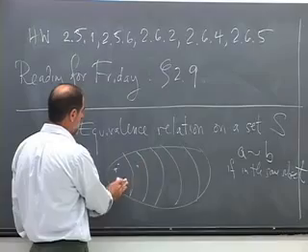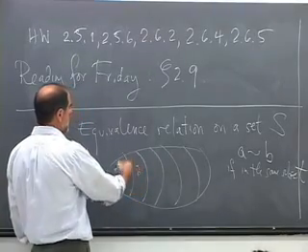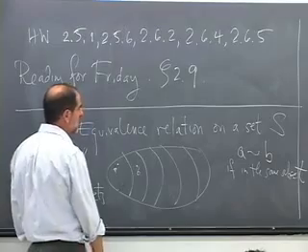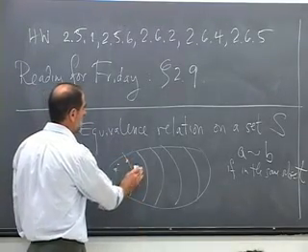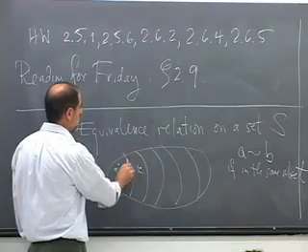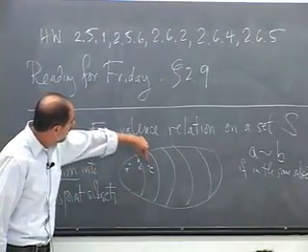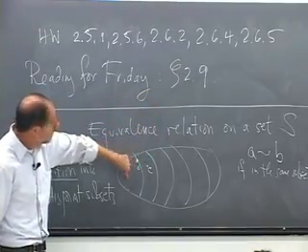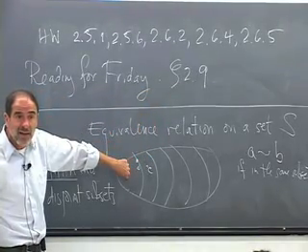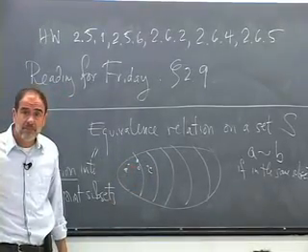Well, if there was some element B, and the subset containing A had some intersection with the subset containing B, let's call this thing C. If there was some intersection between those two, so that there'd be an element equivalent to A and also an element equivalent to B, then by the transitive property, C would have already been in the subset equivalent to A. So if these two subsets have any intersection, they're equal.